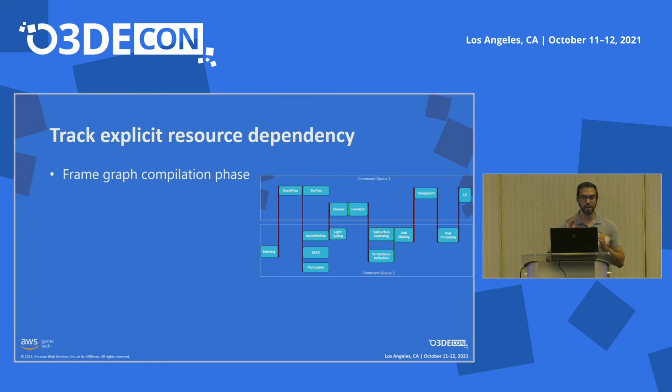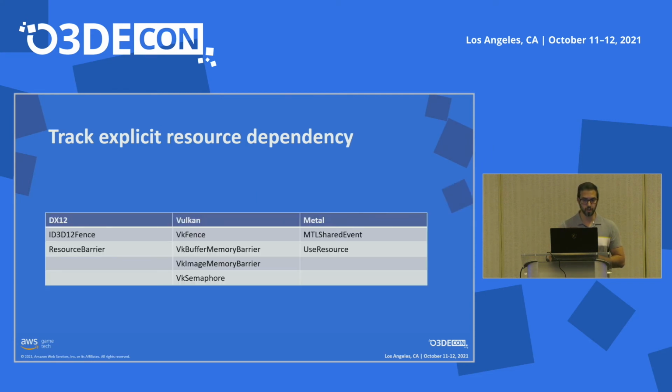We need to embed these vertical bars as GPU commands into your command list. So how do we do that? We actually have compiled buffer barriers, image barriers, and async queue fences. We have these functions for each backend where we track all the buffers, images, and resources across all the queues.